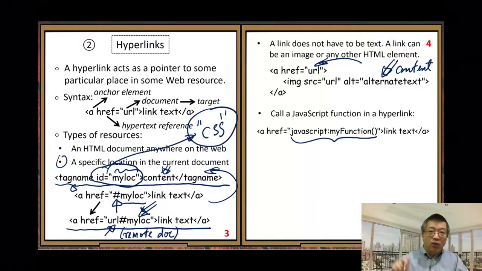In this way, when the user clicks this hyperlink, you call your JavaScript function. You provide a definition for this function somewhere. We will talk about that when we learn JavaScript, and do some simple examples using this way. So those are the basic usages for hyperlinks.